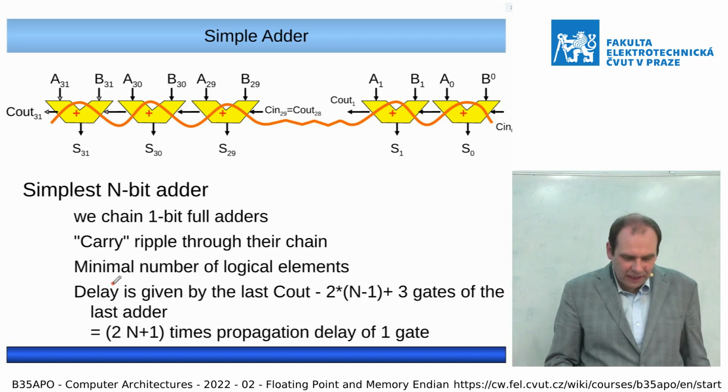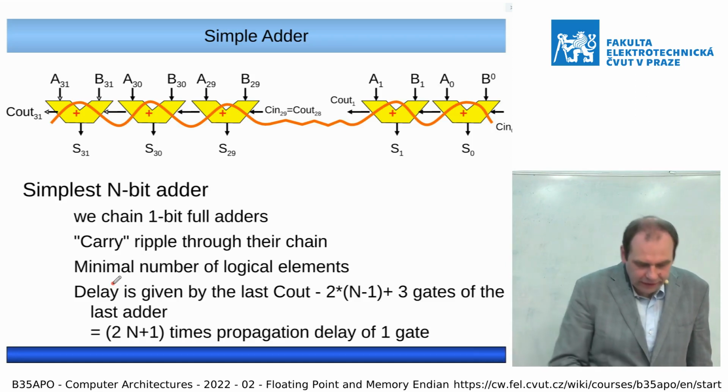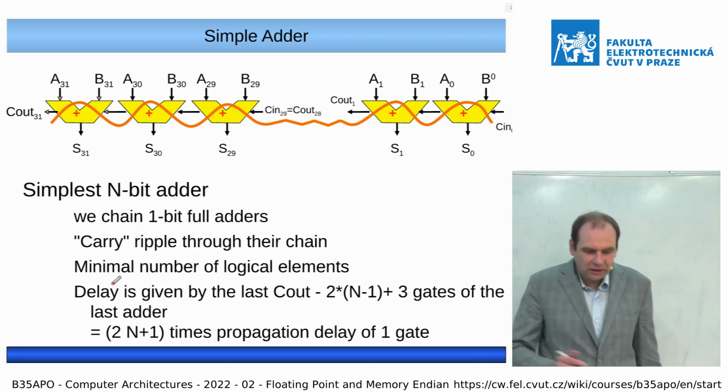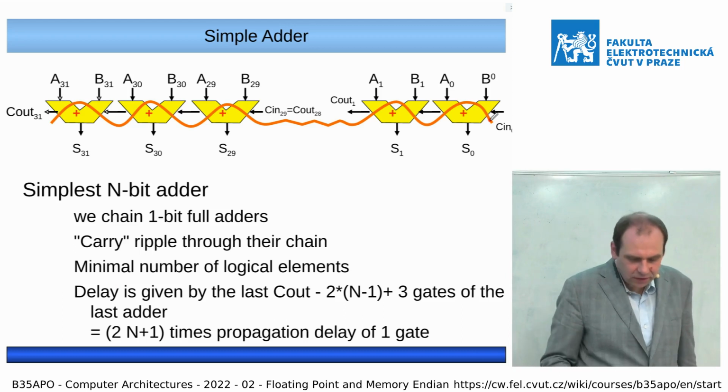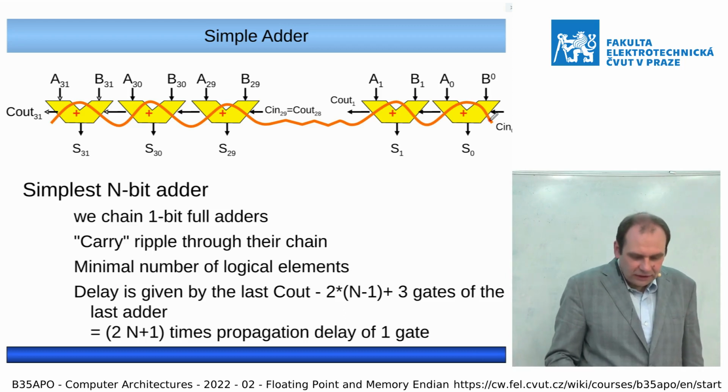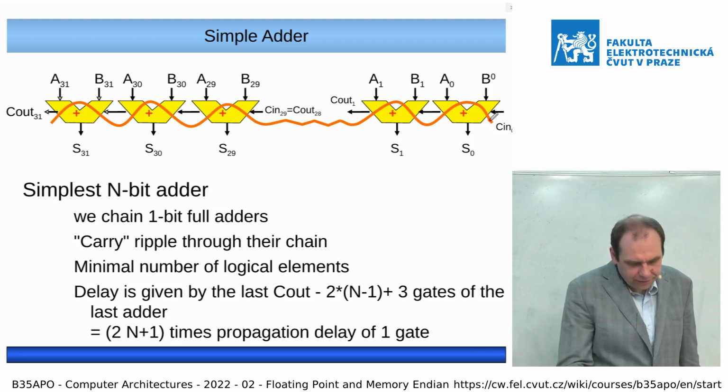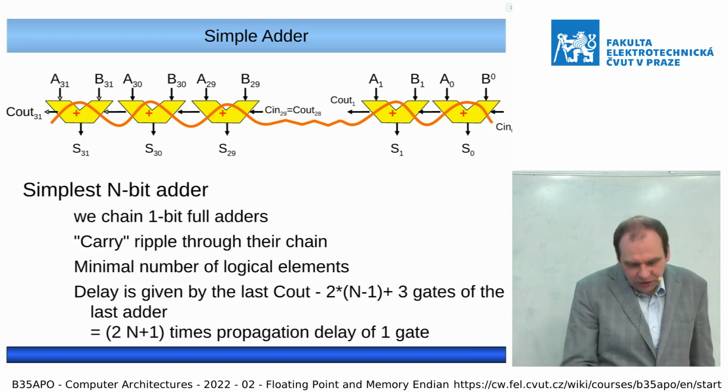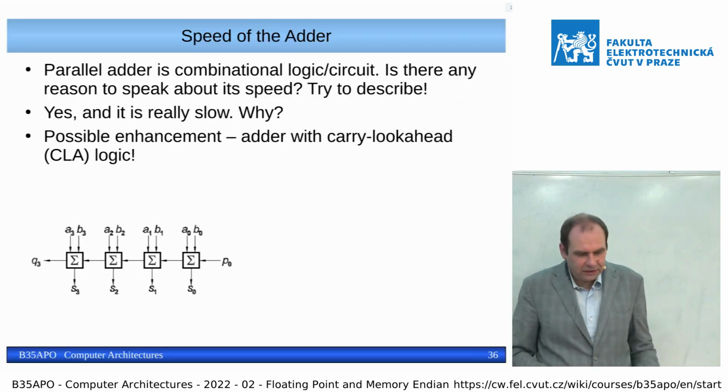And this way we can build a ripple carry adder of arbitrary size, but the problem is that it is very slow. It has the advantage that it has something like 5 gates per single stage, but it is very, very slow.